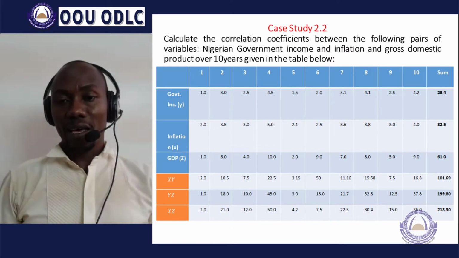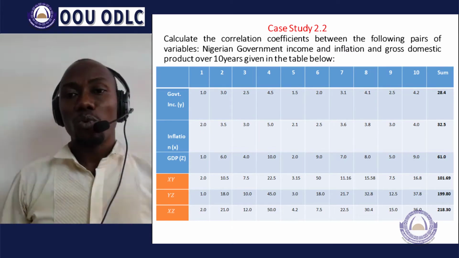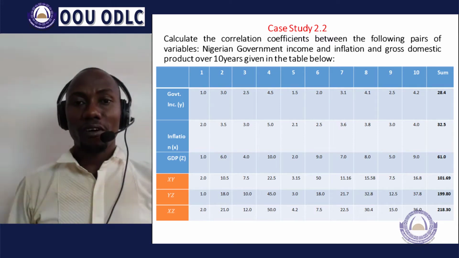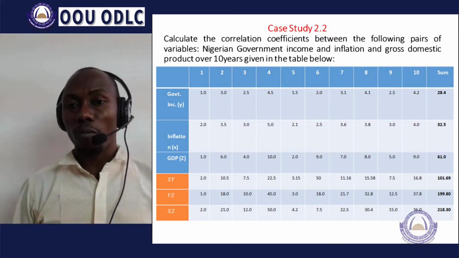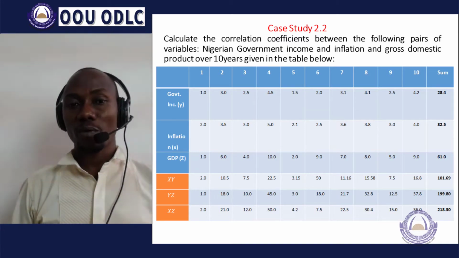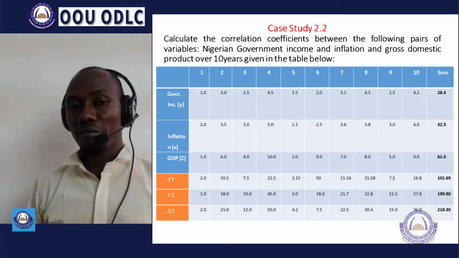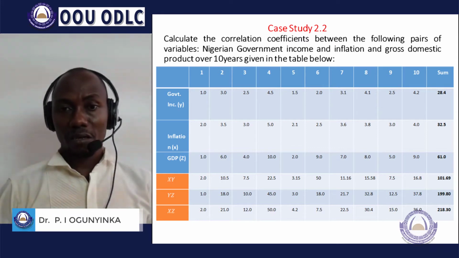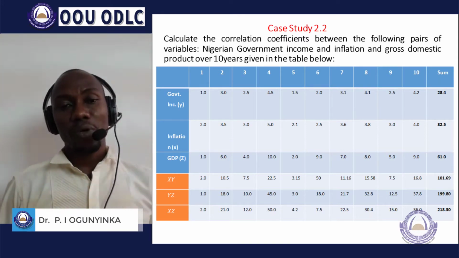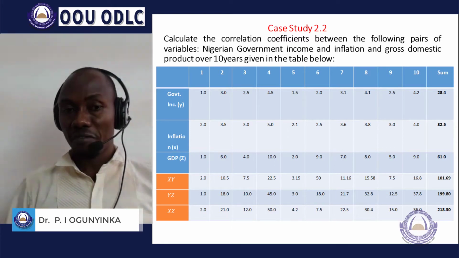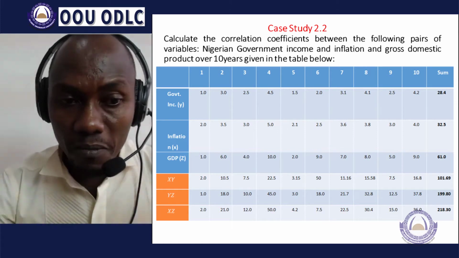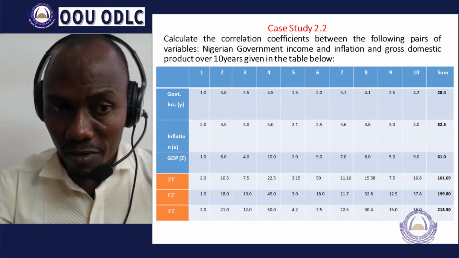Let us take another example. Here we have the values for 10 years for Nigerian government income, inflation and gross domestic product (GDP). We are expected to calculate the Pearson's product moment correlation coefficient for government income and inflation.